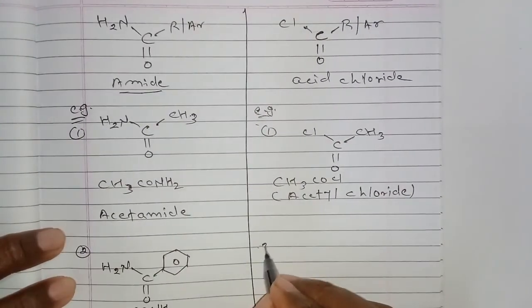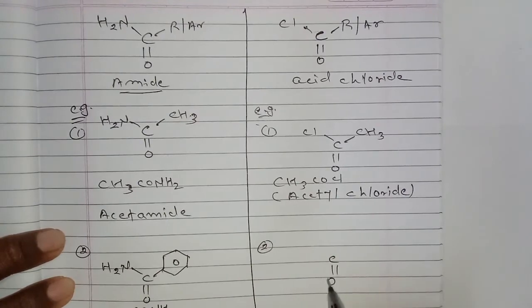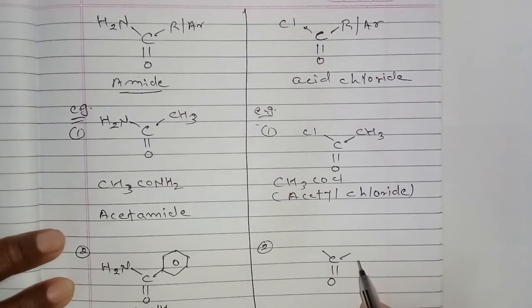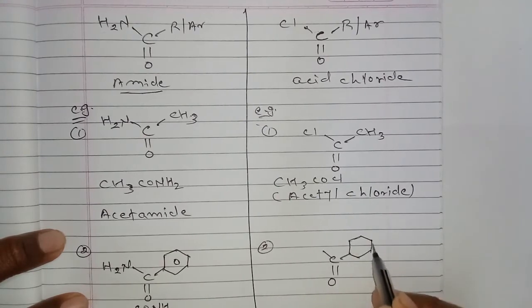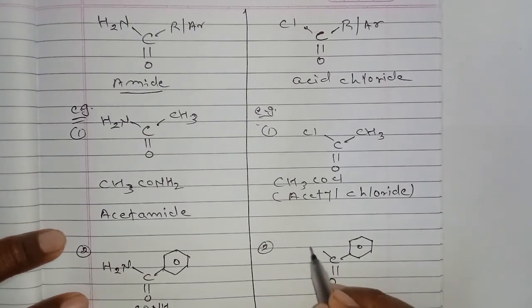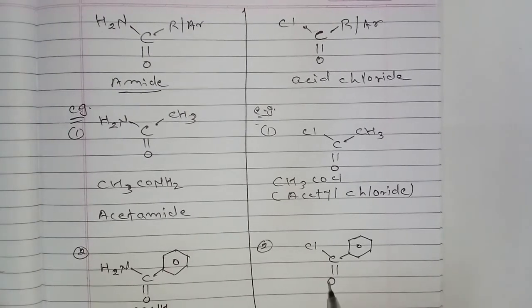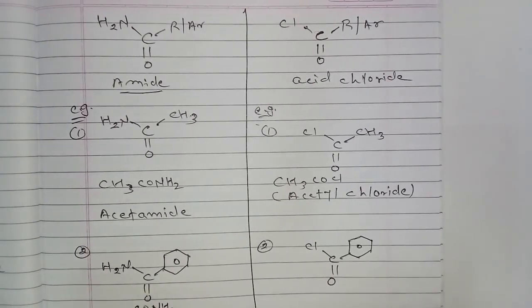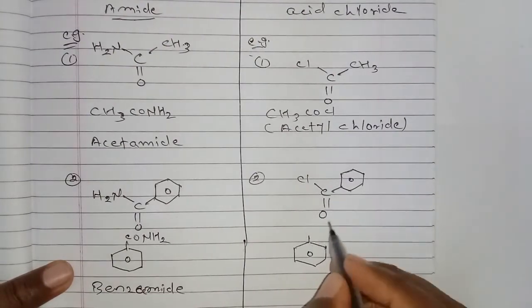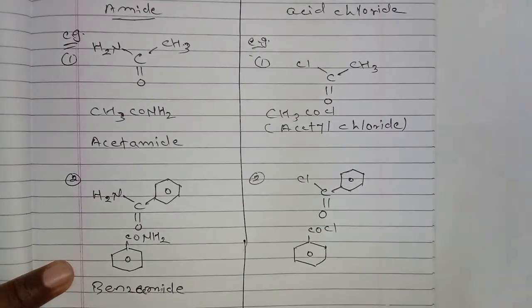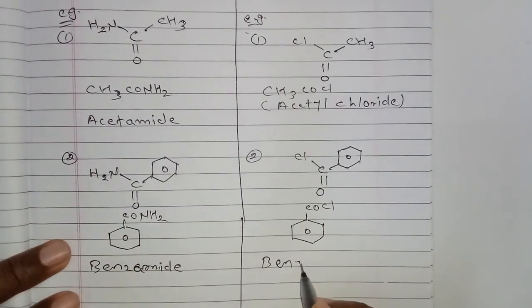Another example: the carbonyl group of the carbon is bonded with an aryl group and chlorine. Its simple structure is C6H5COCl, and it is named benzoyl chloride.